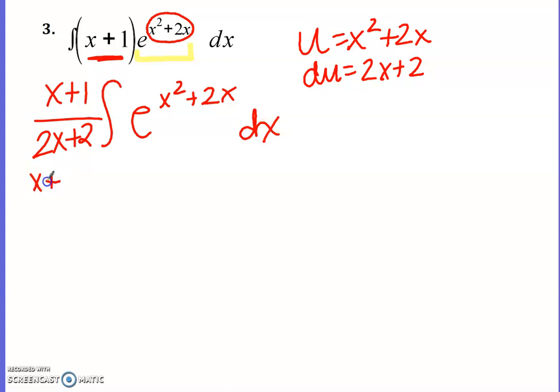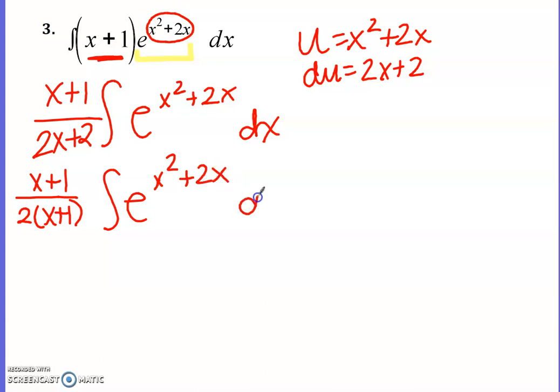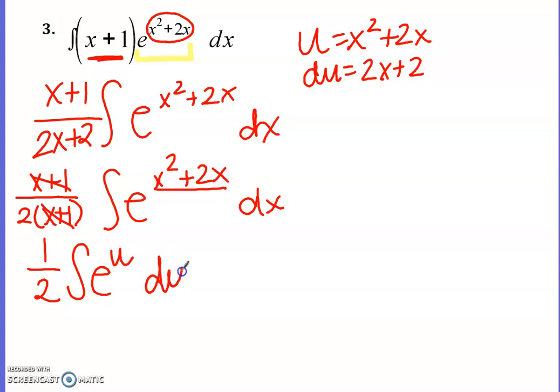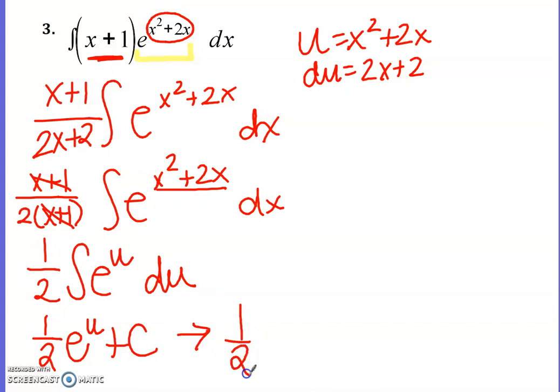In this denominator, I can GCF out a 2. So these get canceled out, so I have 1/2 integral, and then I substitute in u for that exponent. Now I do the antiderivative, and then I substitute back in what I said u was.